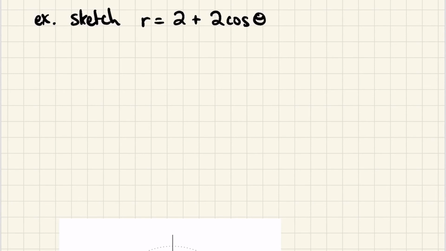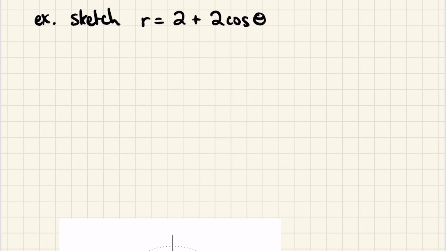Okay, so based on the comment with respect to symmetry, for r equals 2 plus 2 cosine theta, we're going to expect this to be symmetric over the x-axis. So that's helpful. It means we really only need to investigate what happens between 0 and pi, the top half of sort of the unit circle, I guess, and the other half will be reflected perfectly.